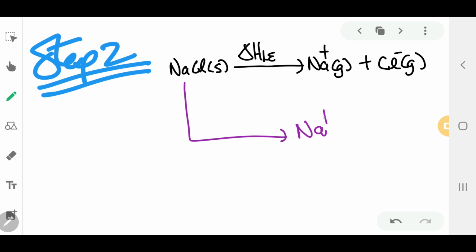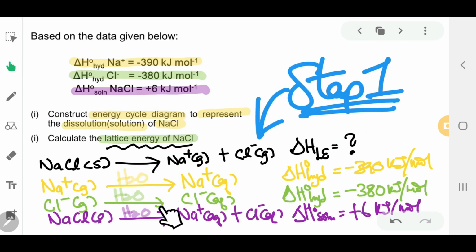We have Na plus aqueous plus Cl minus aqueous. Okay, the one here, this is the third one there. Okay, the fourth one, I'm sorry. So you have the first one, second, third, fourth.